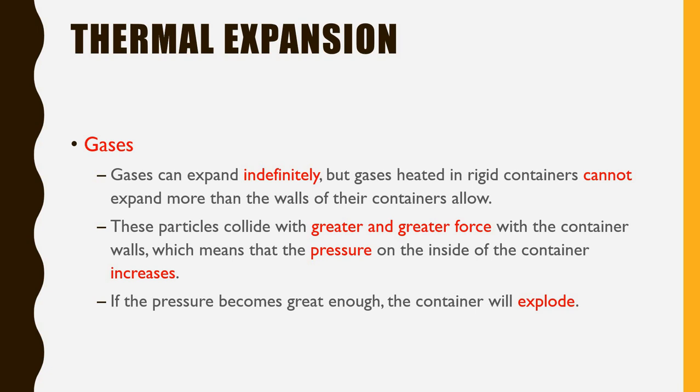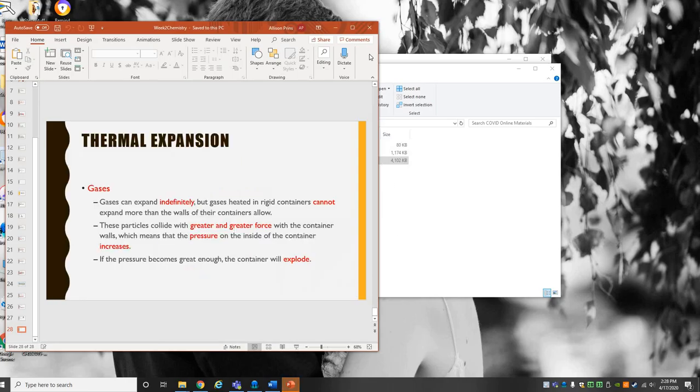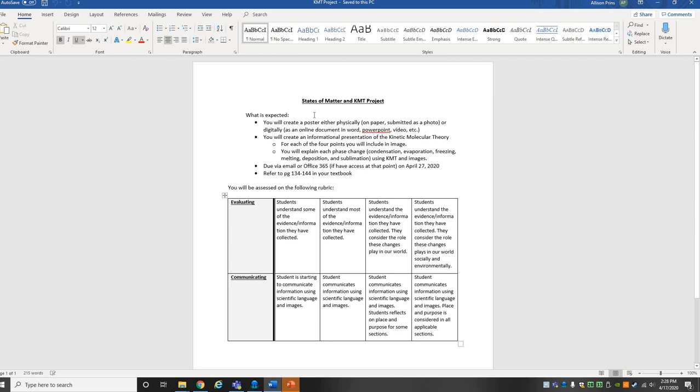All right, so I'm going to just show you your assignment here. You're going to create a poster either physically on paper, submit it as a photo, or digitally. It could be an online document on Word or PowerPoint. You can make a video. I'm open to many different methods, but essentially you're going to create something where you could teach somebody else about the kinetic molecular theory.